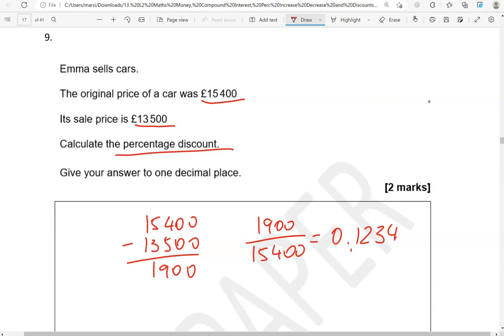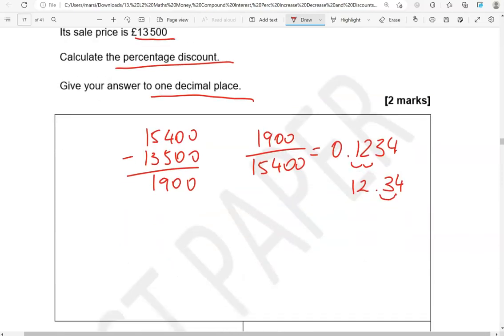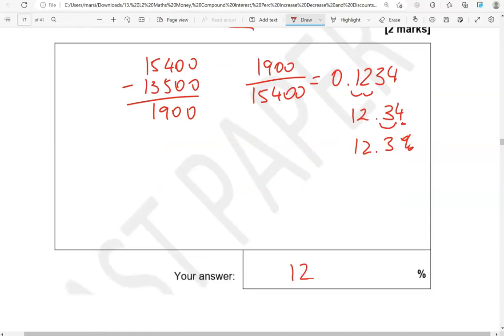So this is as a decimal. Now as a percentage, this will be 12.34. We've got to give our answer to one decimal place, so we only need the 3 in there. The 4 tells us we've got to keep this as a 3, so 12.3%. 12.3% is the final answer.